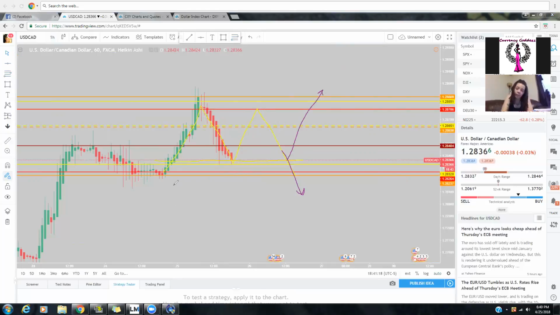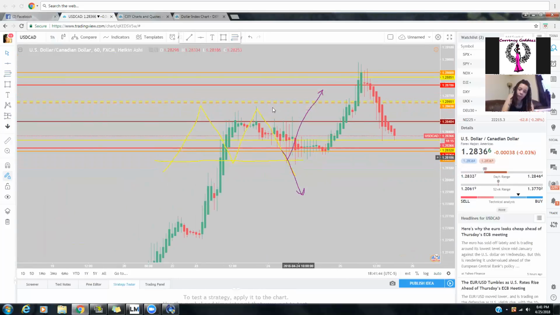Now, it won't always be perfect. These are respecting well because we actually just put them on there, but you won't always find a pair that will respect the highs and lows or support and resistance and create perfect V's and M's and W's. They're going to look different, of course, because the market moves from side to side.